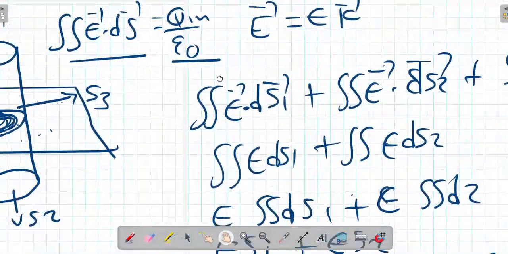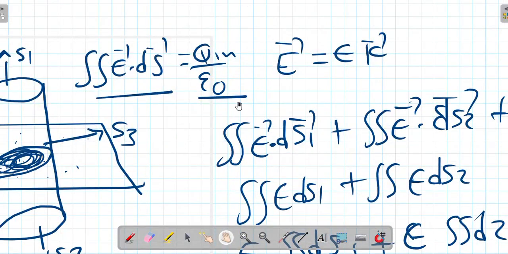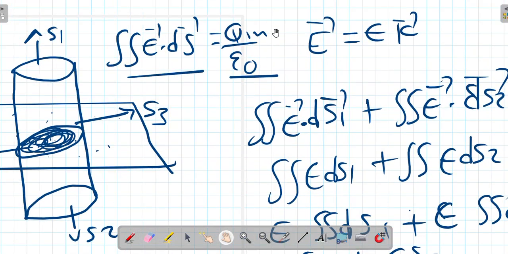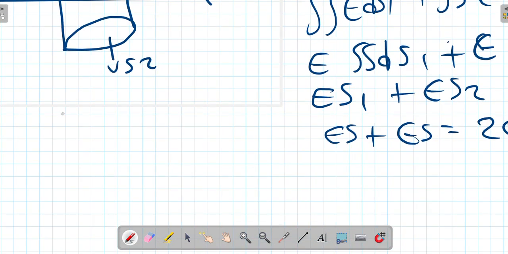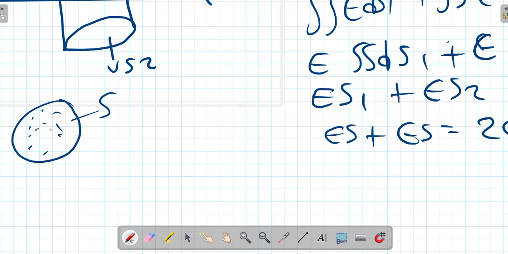Now we're going to look at Q_in for the right hand side. You know that the only charge that is enclosed is on a disk. We have a disk of charges, a uniform distribution, and this surface is also equal to S. Whenever you have a distribution of charges, think of charge densities.